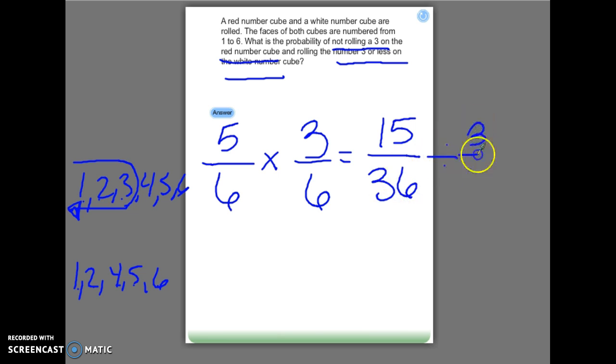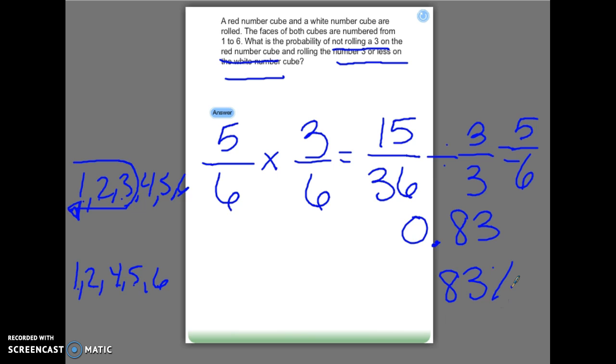We can divide the top and the bottom by 3, which gives me 5/6. Then you can type that into your calculator, 5 divided by 6, and you get the decimal 0.83, which is 83%.